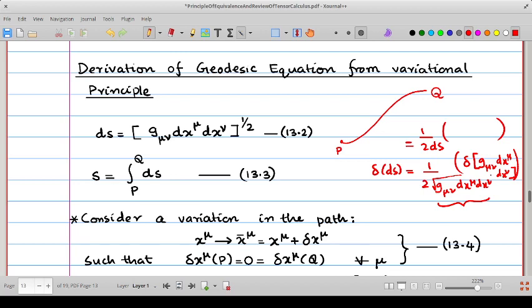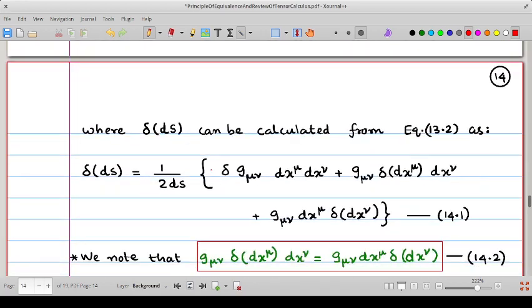So first, the variation in g mu nu multiplied by dx mu dx nu, plus g mu nu times variation in dx mu times dx nu, plus g mu nu times dx mu times variation in dx nu. And that is what I have written here. So delta of ds is equal to 1 by 2 ds times first variation in g mu nu dx mu dx nu plus g mu nu times variation in dx mu times dx nu plus g mu nu dx mu times variation in dx nu.